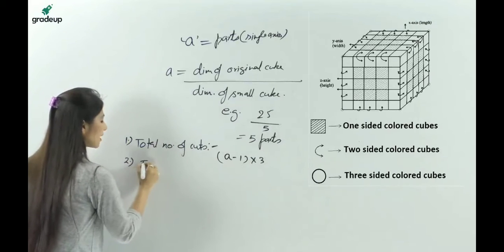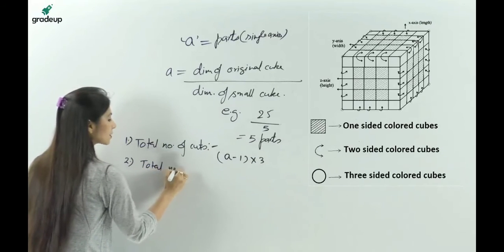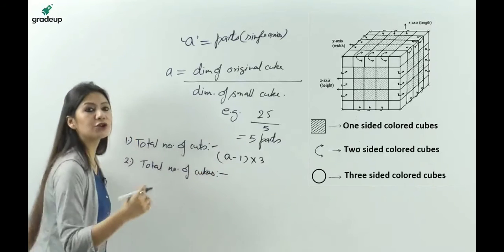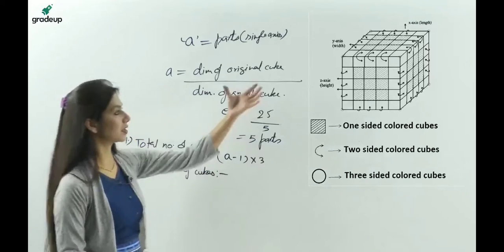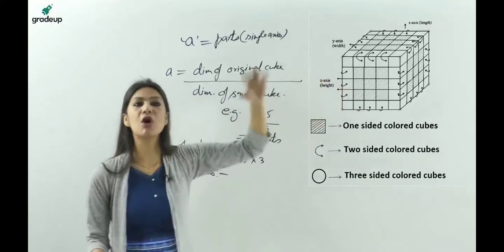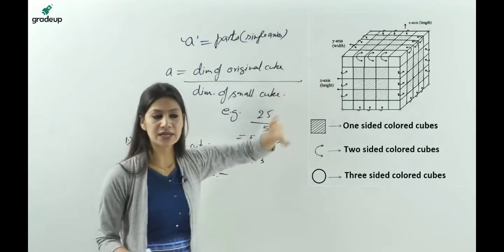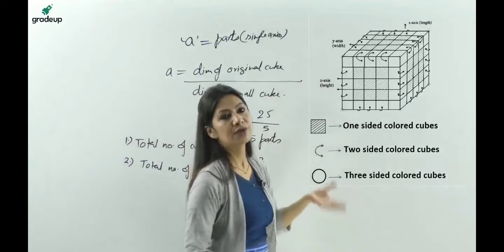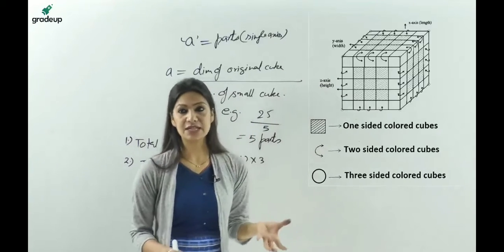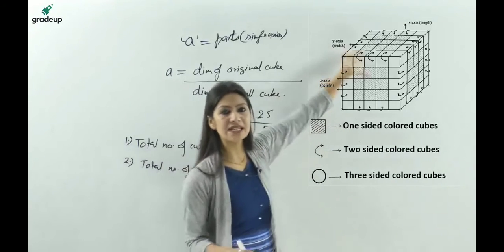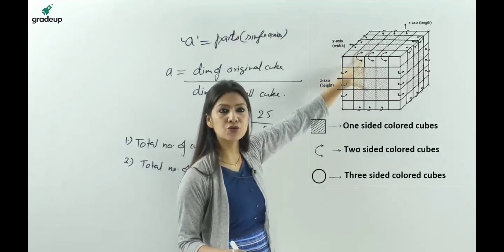The second formula is the total number of cubes obtained after converting this original cube into smaller ones. Because we have taken this example already, we have one cube of 25 centimeter and we are dividing it into small cubes of 5 centimeter. Can you see in the x-axis I have 1, 2, 3, 4, 5 cubes. In the y-axis 1, 2, 3, 4, 5 cubes.